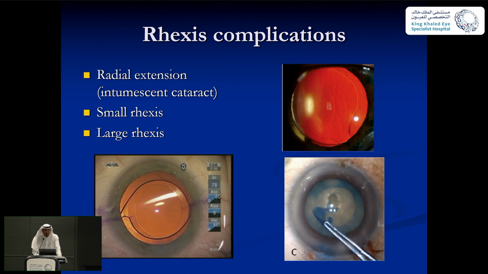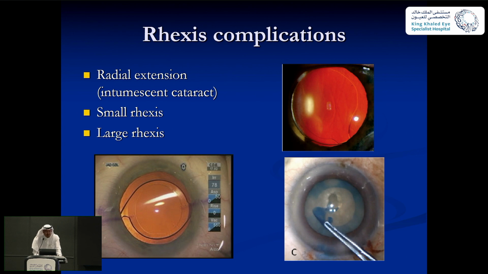If there is an intumescent cataract, there is a tendency of the rhexis to go out. That's why we have to decompress the intumescent cataract before doing the rhexis with a 27 gauge needle. We aspirate from the cortex, trying to decompress the pressure on the capsule that drives the rhexis outward.